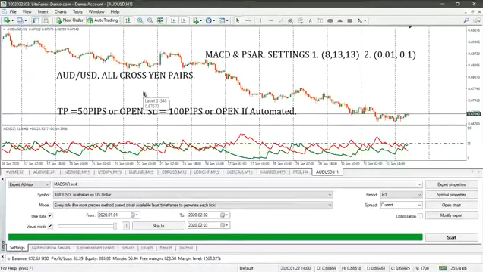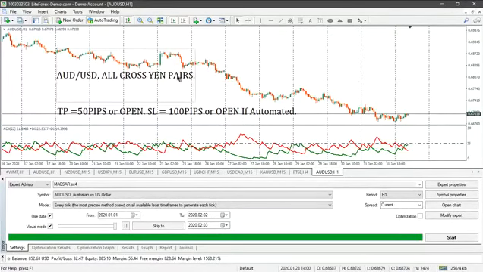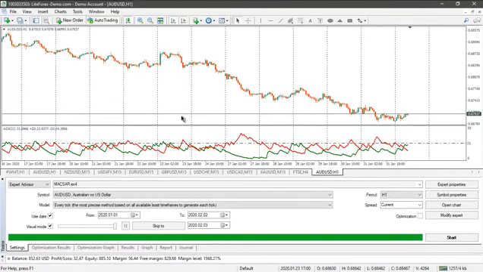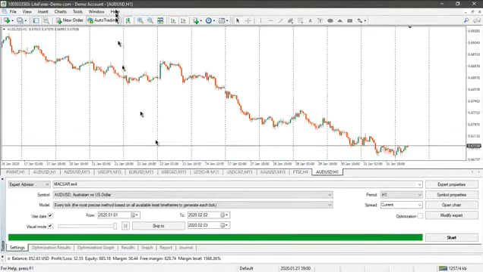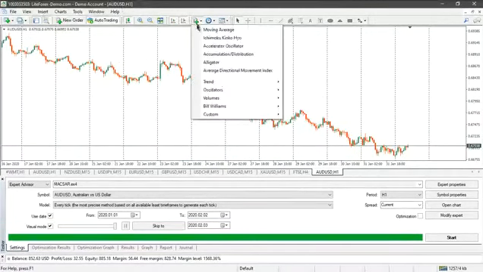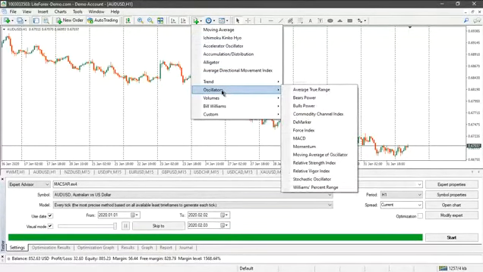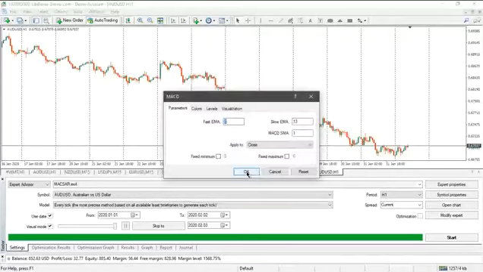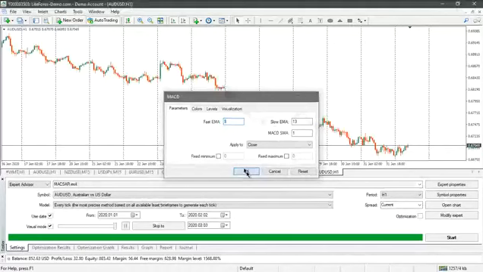Let's first get rid of this, that, and that. The ADX, we won't be needing that. Let's start with our first indicator, which should be the MACD. I don't have the MACD, there, we'll go with that.